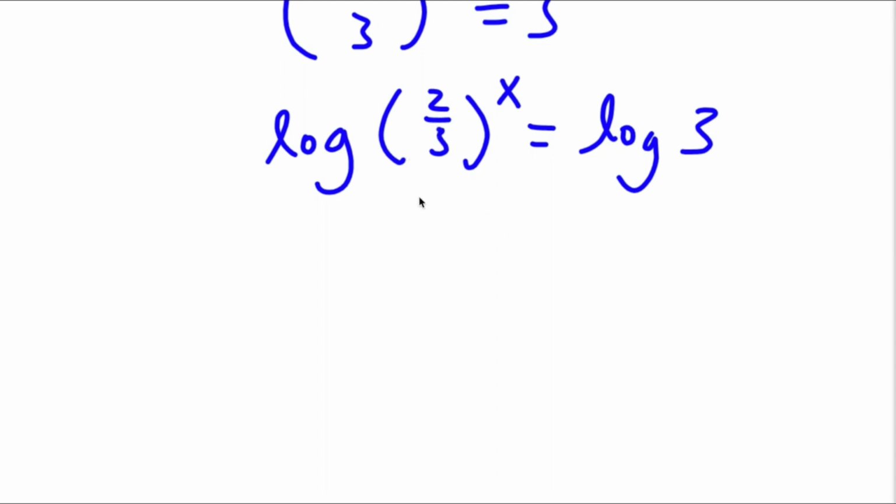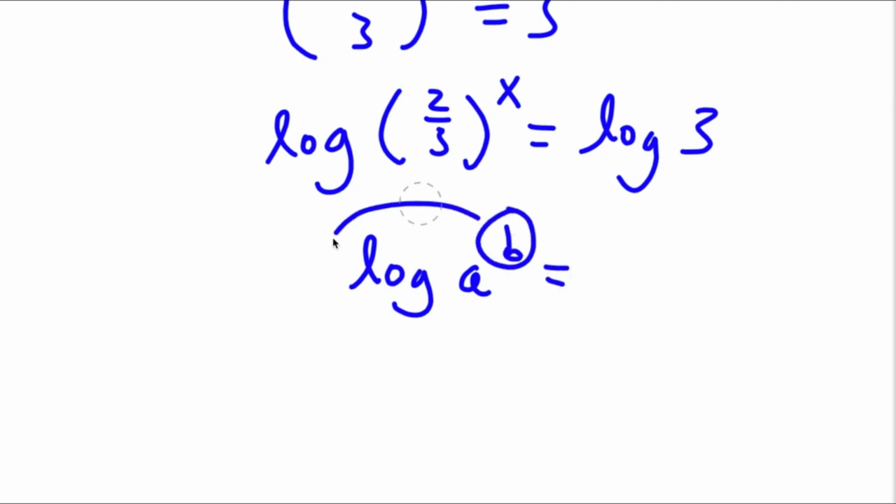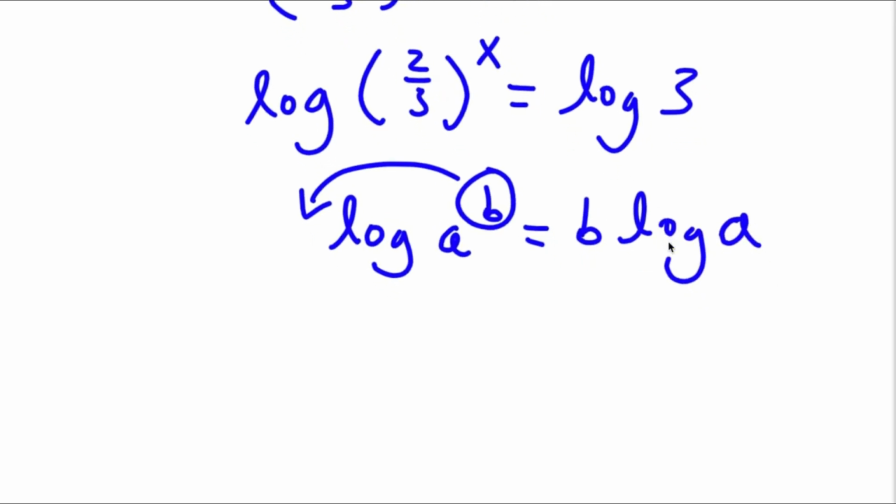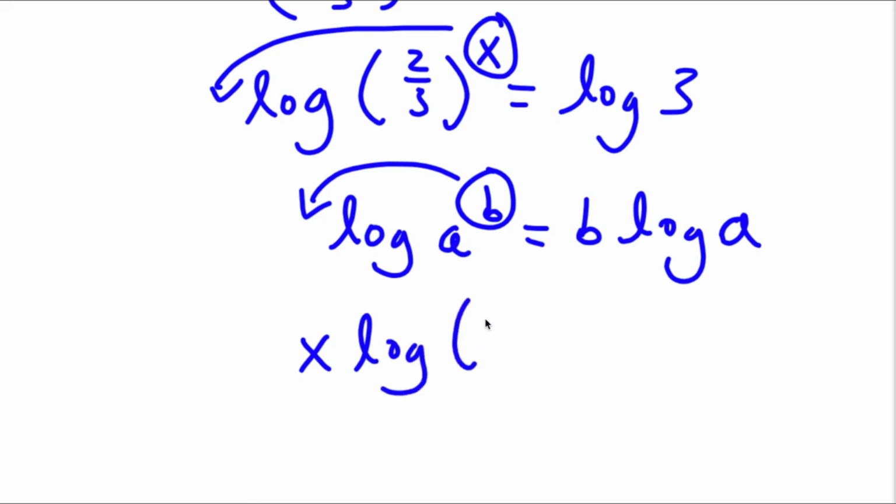Now, if I have something in the form log a to the power of b, I can actually move this exponent b to the front of the logarithm. So this would equal b times log a. So in this case, log 2 over 3 to the power of x, I can move this exponent x to the front of the logarithm. So this would equal x times log 2 over 3 is equal to log 3.